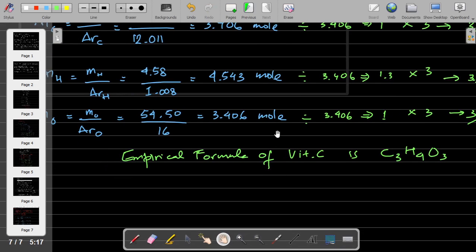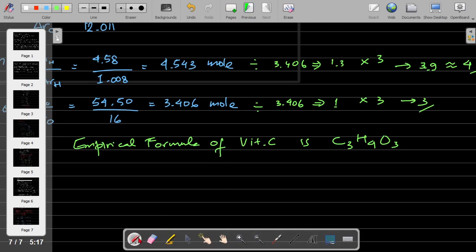And now how about the molecular formula? We are going to find the empirical molar mass.